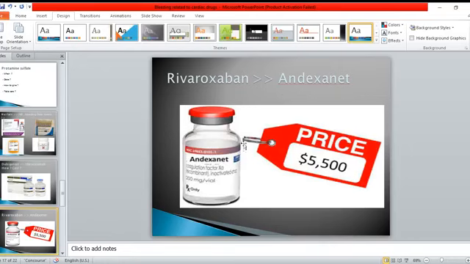There are two types of vials, 200 milligram or 100 milligram vials, and the total cost for using this antidote may reach up to $50,000. Okay, $50,000 to antagonize the effect of Rivaroxaban. So this is a very great limitation for using this drug.